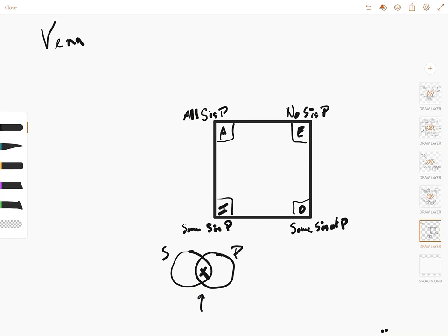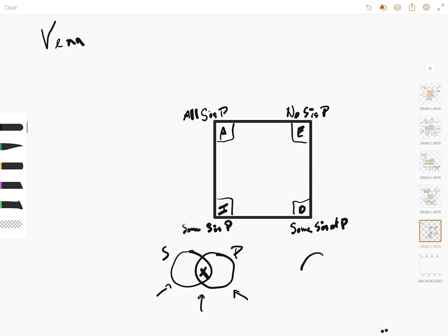But we need to leave the possibility open that there might be S's that are not P's or P's that are not S's. And so in order to show that possibility but without taking an actual stand on it, we use a diagram that allows us to have this open and empty space in the region here, the S's that are not P's, and the region here.